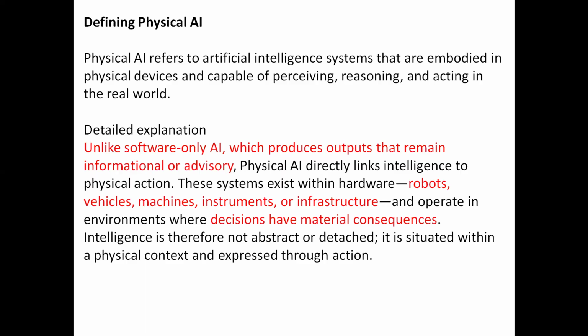It's unlike software-only AI that produces output that remains informational or advisory. This is embedded in hardware, so robots and vehicles and any other kind of hardware. This has material consequences, because the AI's outcome is directly the action of this hardware system.